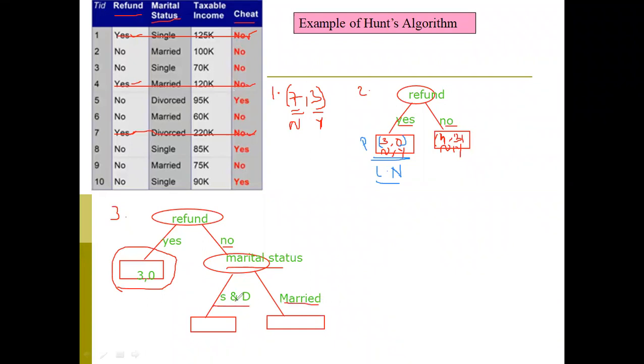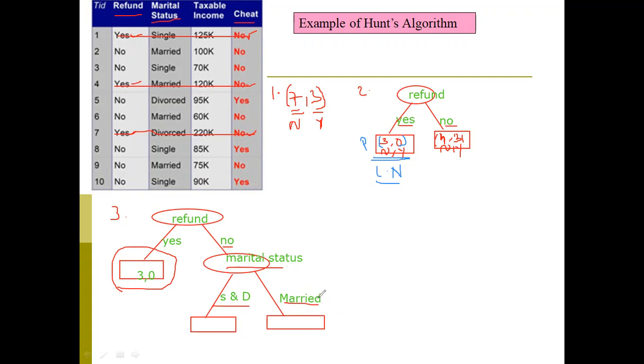Under the second outcome I am going to check only married, isn't it?